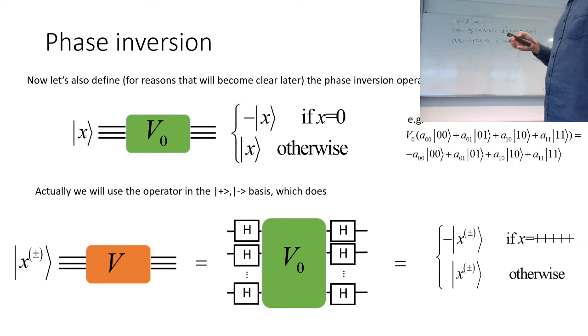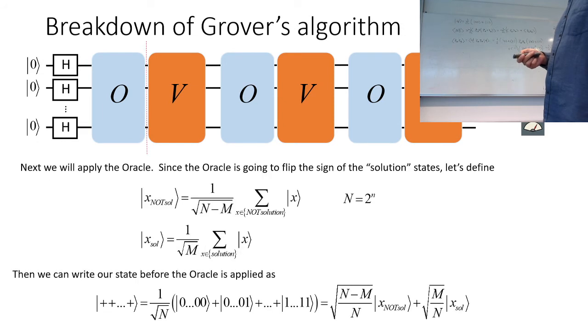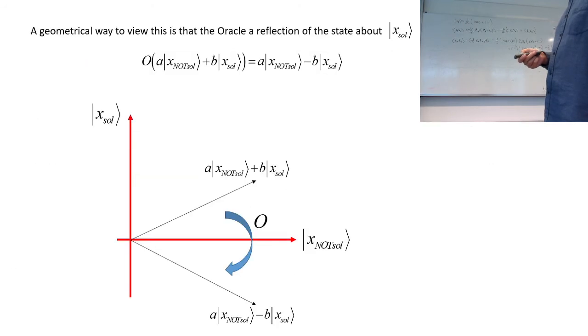So x is only like 0,0 or 0,1 or 1,0. It's never like a plus or something. And then there is a visualization of this phase inversion. So why is it just flipped about the axis?